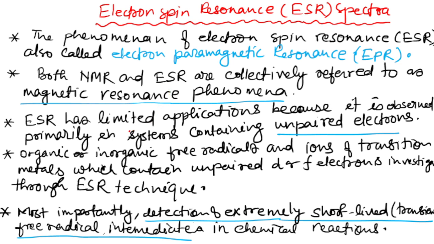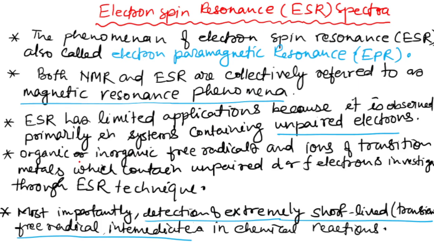This ESR technique has limited application because it is observed primarily in systems that contain unpaired electrons. Initially people observed limited application, because only those compounds that have unpaired electrons are applicable for ESR measurements.